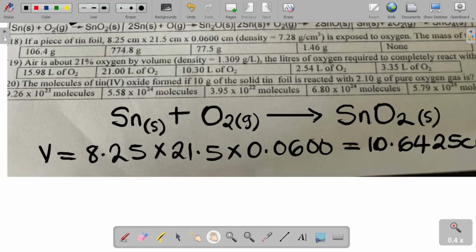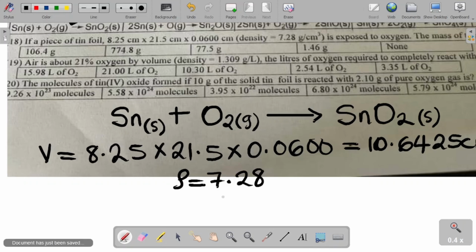They give you the density rho as 7.28, and you're asked to find the mass.